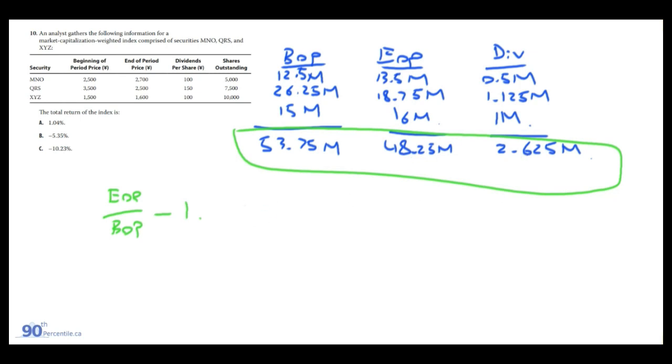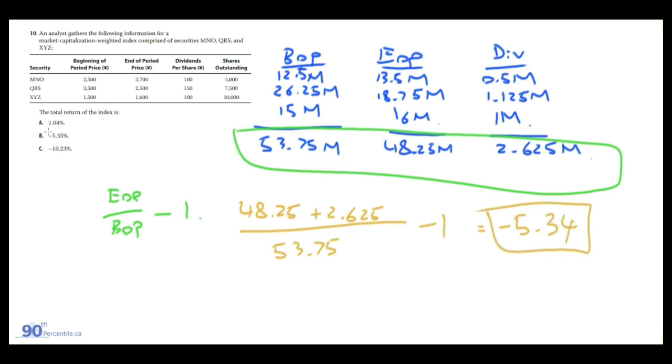So 48.25 end of period value plus 2.625 in dividends over 53.75 beginning of period value minus 1, and we get a total return of around negative 5.34%. So our answer is B.